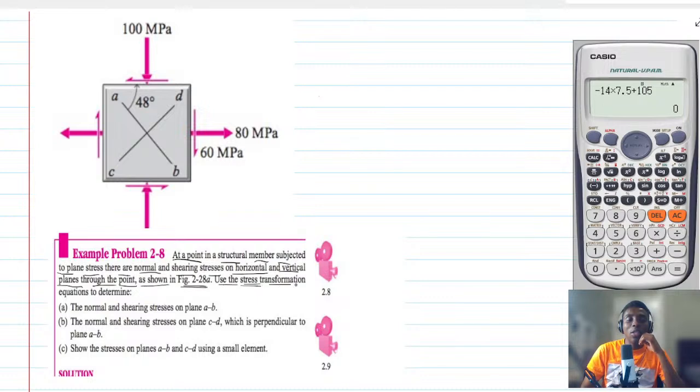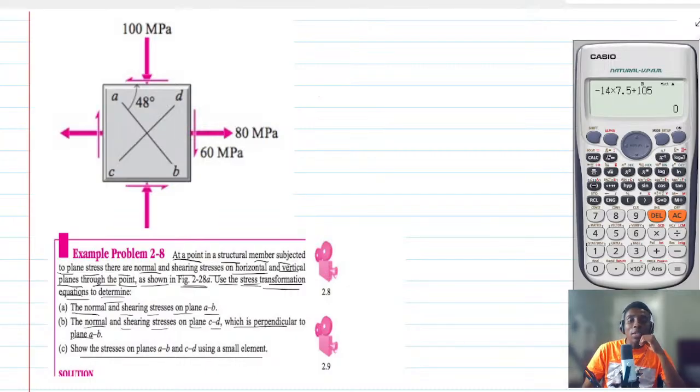You are to use the stress transformation equation to determine the normal and shearing stresses on plane AB, and then the normal and shearing stresses on CD, which is perpendicular to AB. Show the stresses on plane AB and CD using a small element.